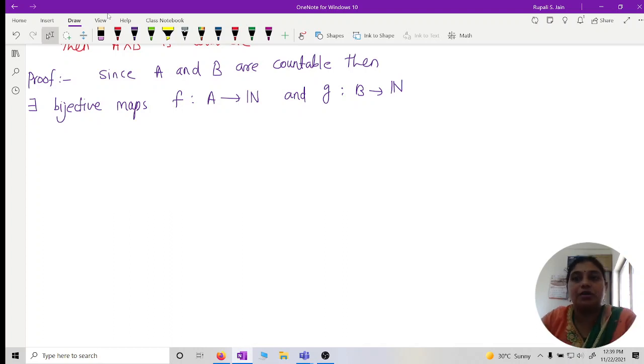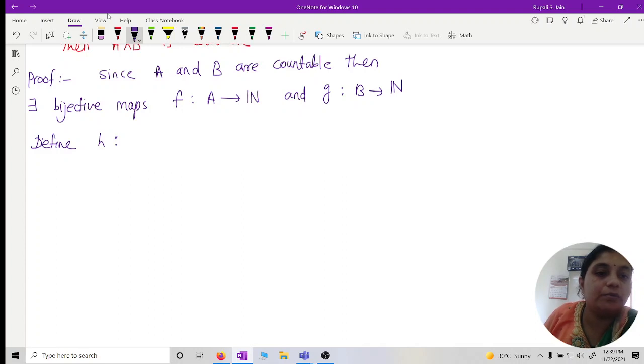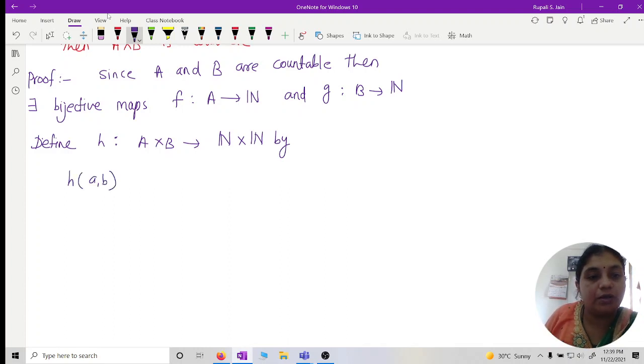Now define a map H from A cross B to N cross N by H of (a, b) is equal to (f of a, g of b).